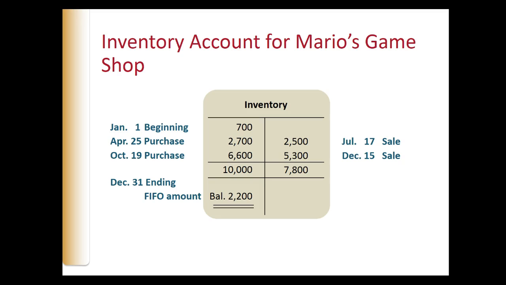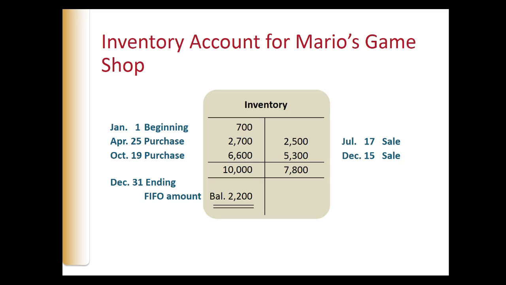After recording all purchases and sales of inventory for the year, we can determine the ending balance of inventory by examining the postings to the account. Now, Mario's ending balance is $2,200.